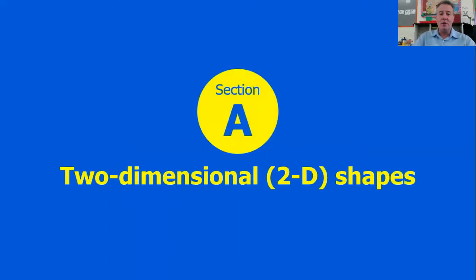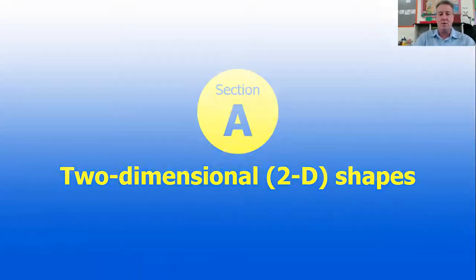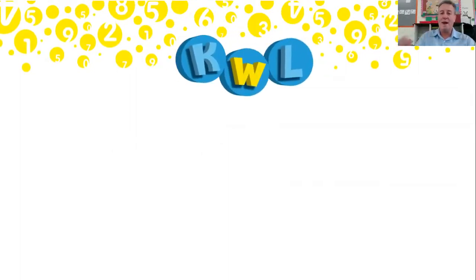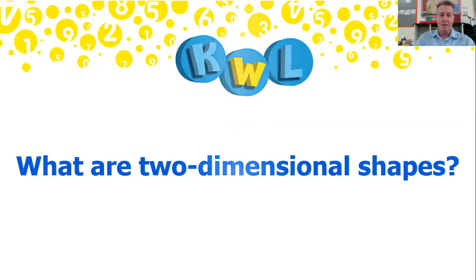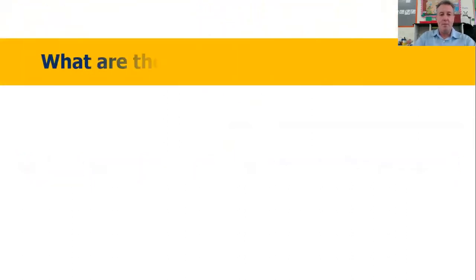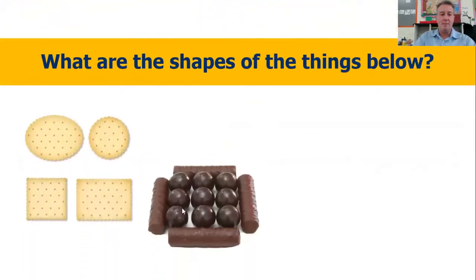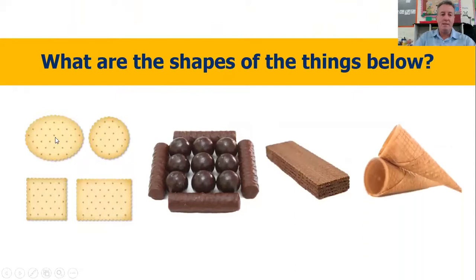All right, 2D shapes. Remember we said 2D shapes are flat. We can clap if we put a 2D shape between our hands. They have only one flat face. So let's have a look at some shapes. What have we got here? These are our 2D shapes, aren't they?